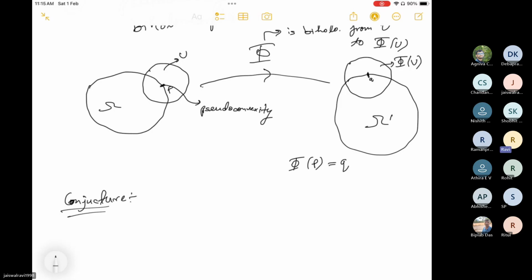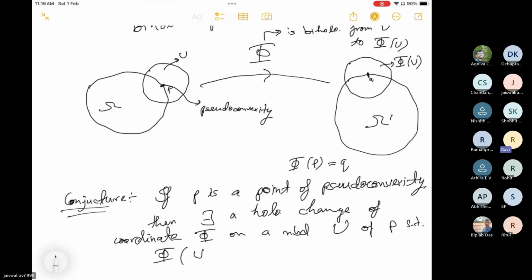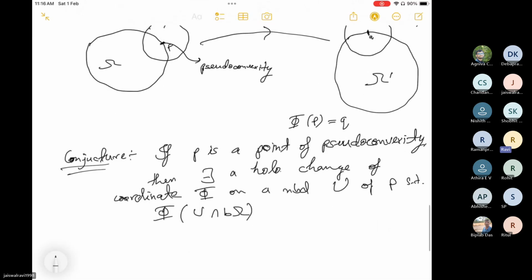The conjecture says if P is a point of pseudoconvexity, then there exists a holomorphic change of coordinates phi on a neighborhood U of P such that phi(U) intersected with the boundary of omega is convex.